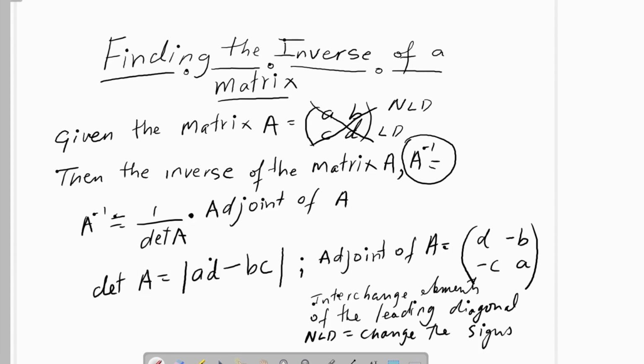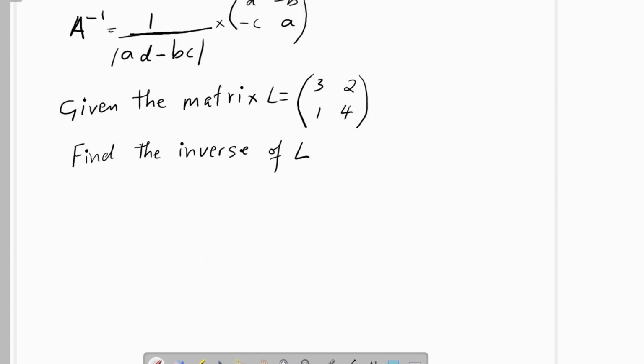Moving on to an example. Again, to find A inverse, it's 1 over the determinant times the adjoint, and on the previous page we looked at how to find the determinant and adjoint of a matrix.